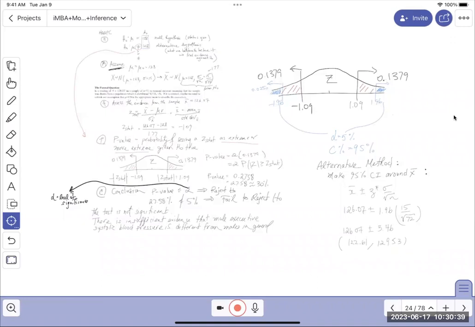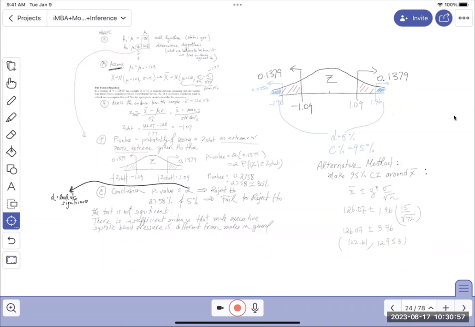Okay, so let me give you some time to compute it. So these are all the values that are similar to 126.07 that you could present as a 95% confidence interval estimate.